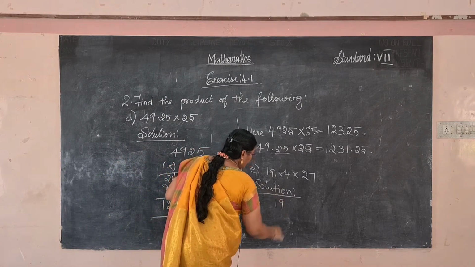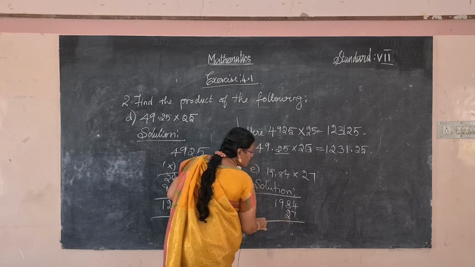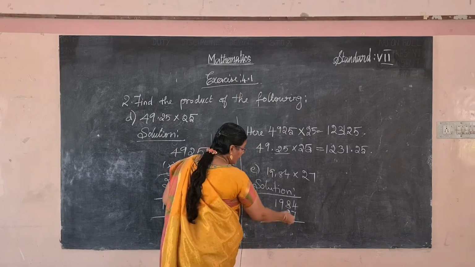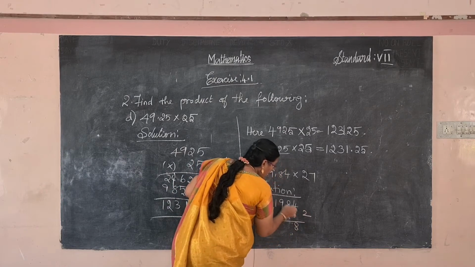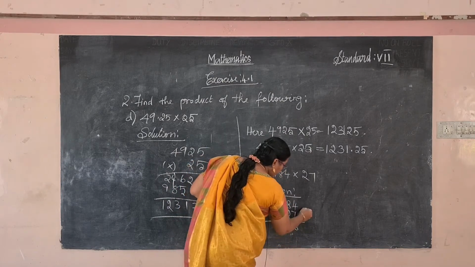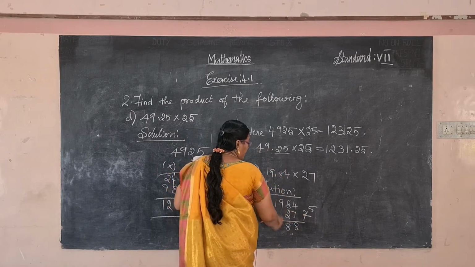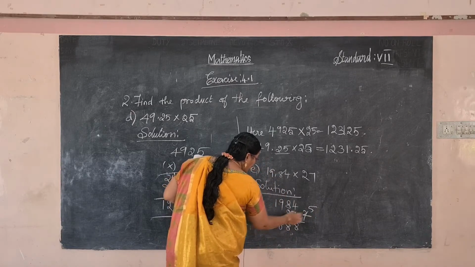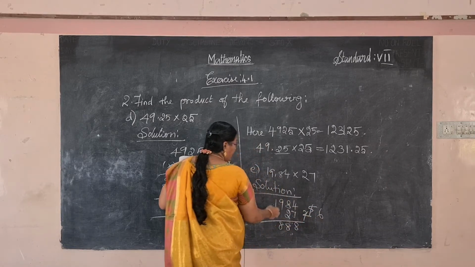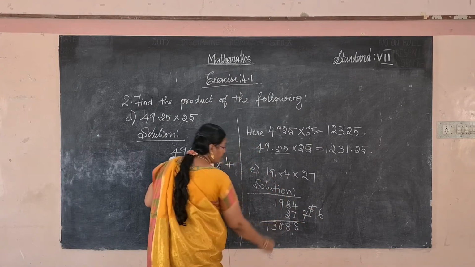So what do we get? 1984 by 27. 7 4s are 28. 7 8s are 56, 58. 9 7s are 63, 63 plus 5, 68. 7 1s are 7, 7 plus 6, 13.